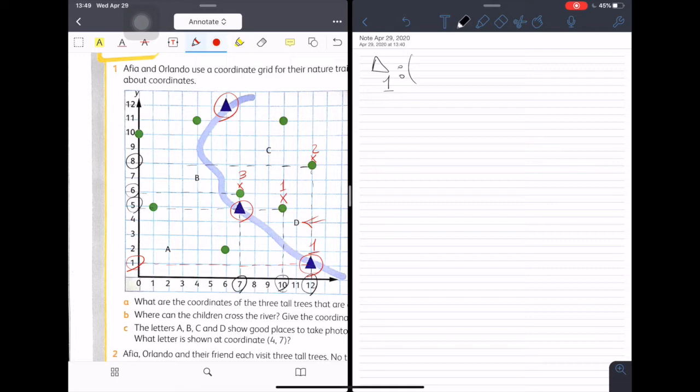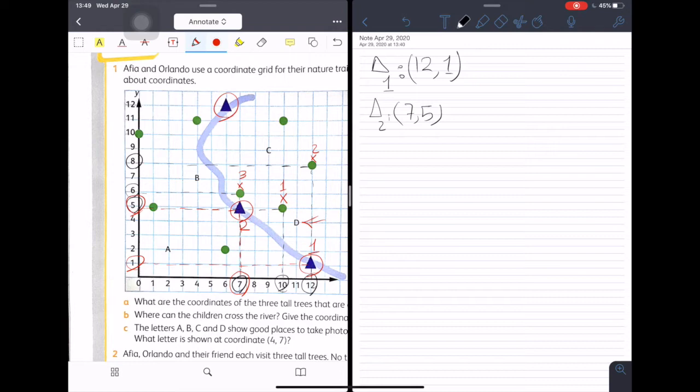So x is 12 and y is 1. About bridge 2, x is going to be 7 and y is going to be 5. So about bridge 2, x is 7 and y is 5, as far as I could remember.